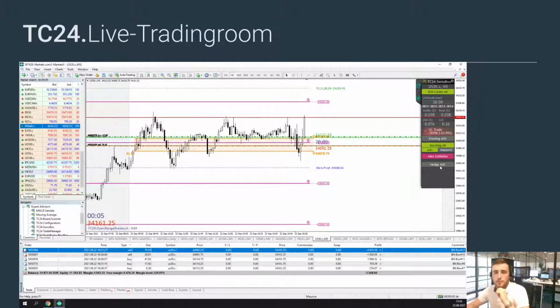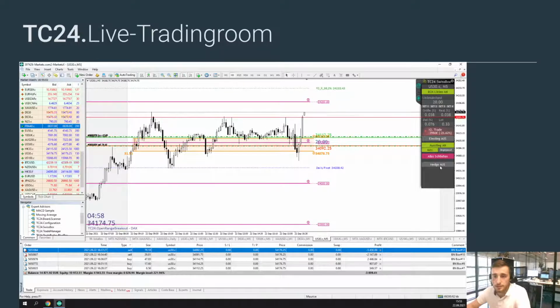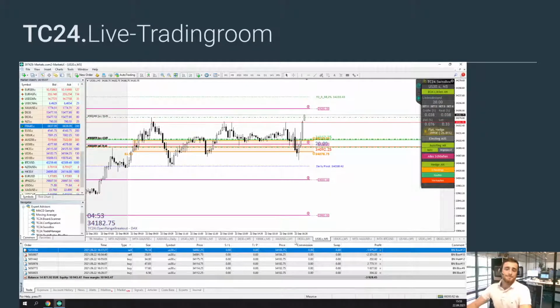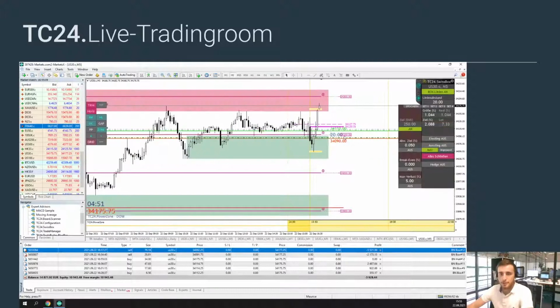If not, then we will re-hedge the position and then release that piece by piece over the next week. So there we go, and we're out of that zone. Okay, so we tried it. It didn't work. It was worth a try.